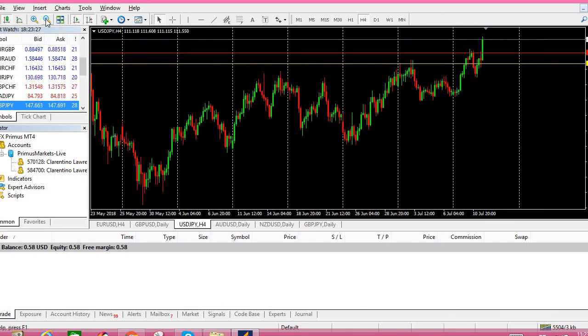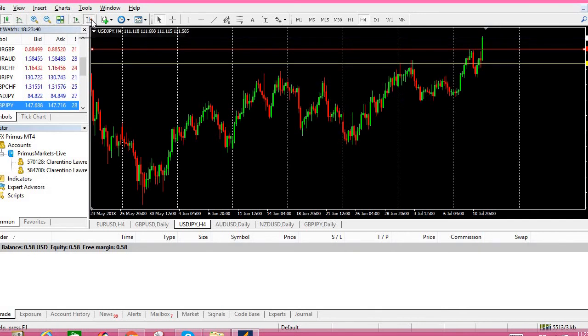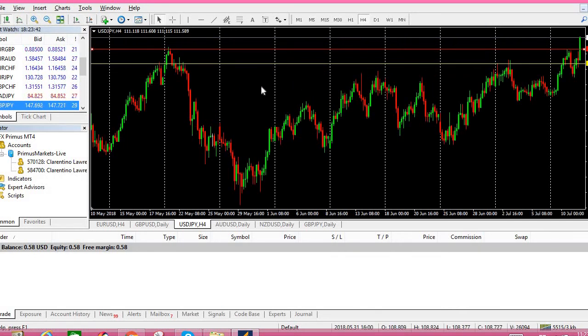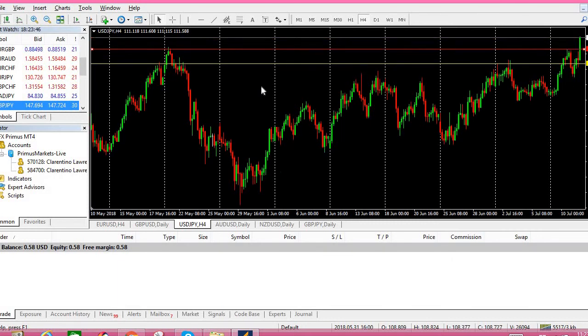Okay, let me adjust a bit based on some important key patterns. Okay, this is an important level. It has been broken. This is about a 4-hour chart.